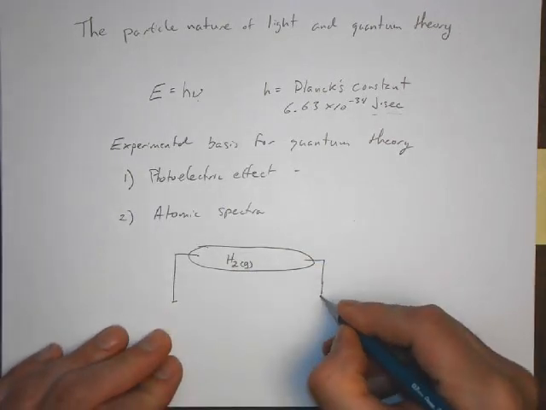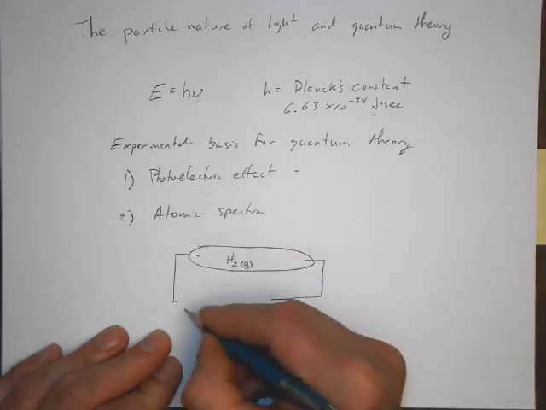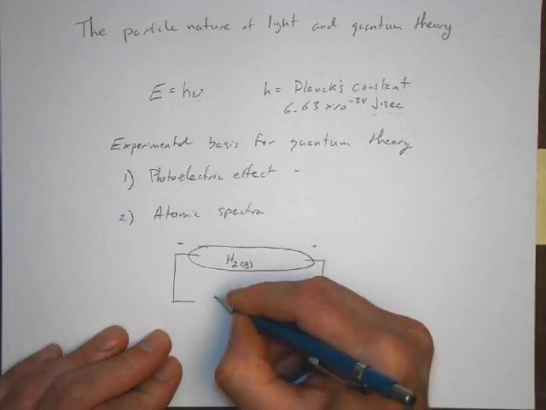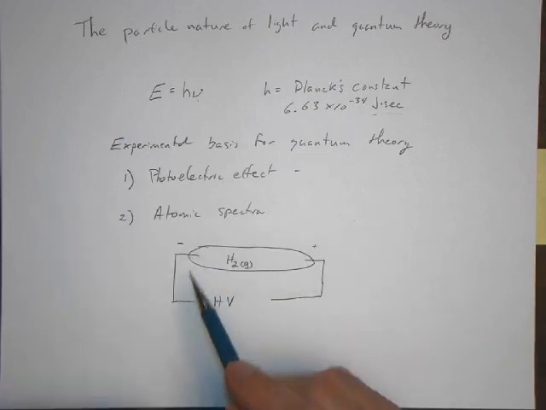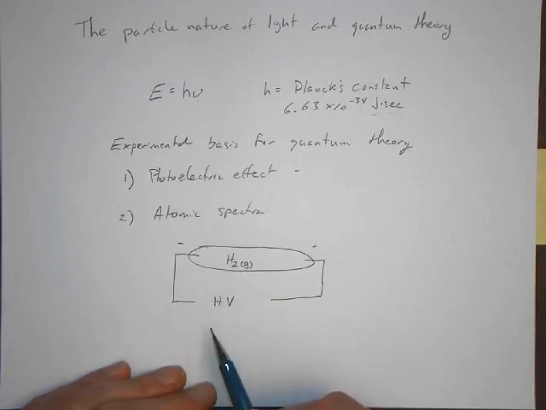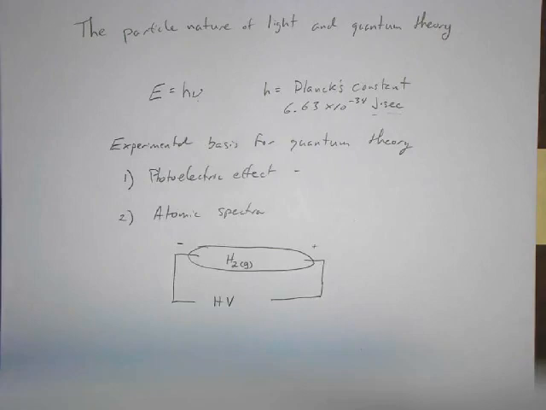Across these electrodes, a negative and a positive electrode, we put a high voltage, a high potential across those leads. What happens is that if you apply the high voltage, you get lines of radiation of specific wavelengths. And it looks something like this.